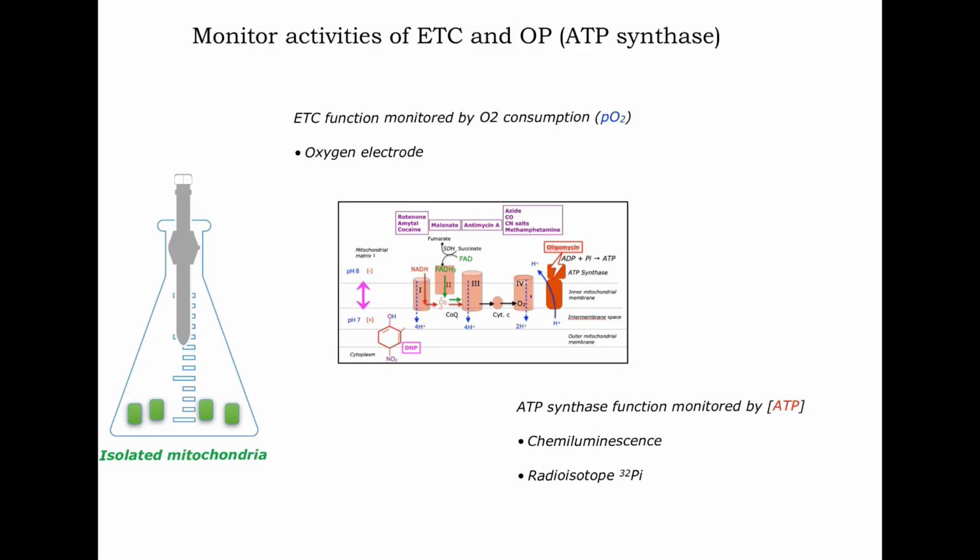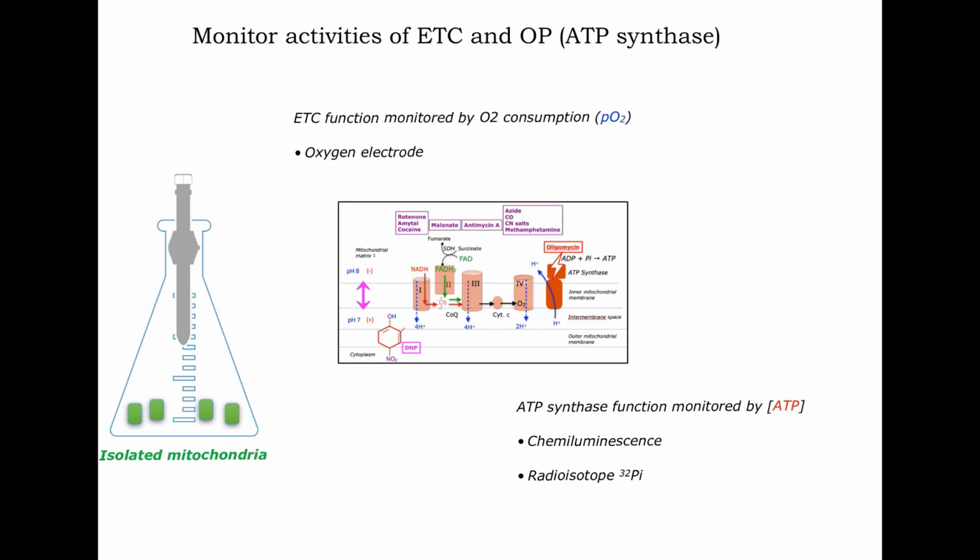Since oxygen is the final acceptor of electrons in the electron transport chain, we can conveniently measure the activity of the electron transport chain by monitoring the oxygen consumption by the mitochondria, and that is done by the oxygen electrode.